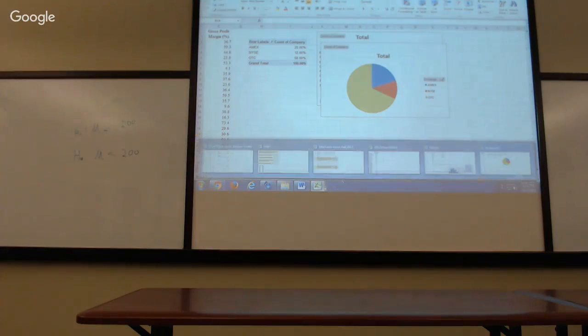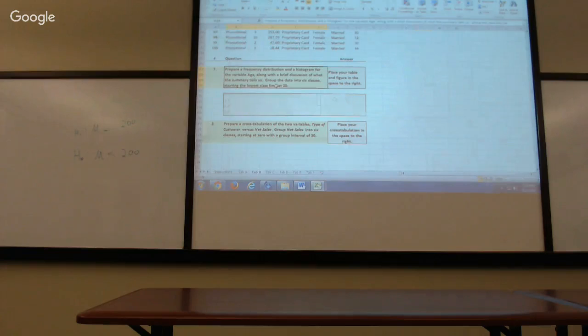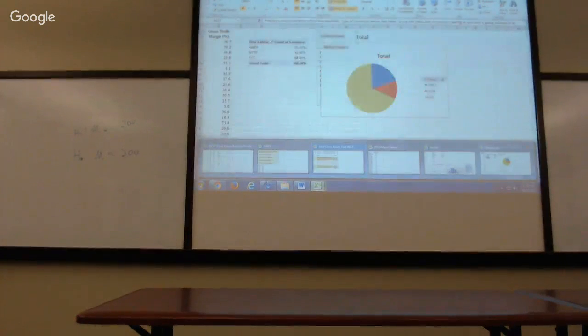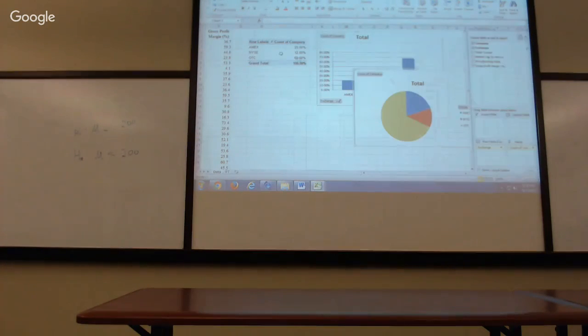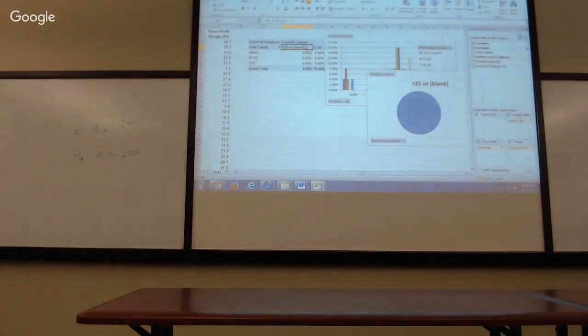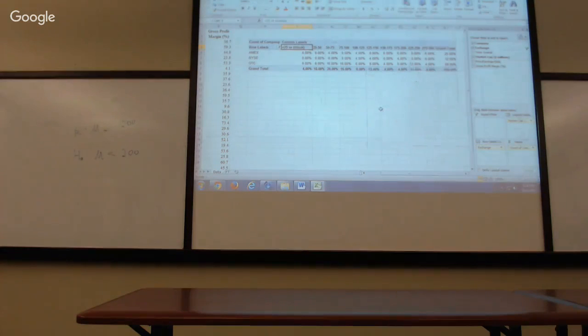Looks like you're asked to do frequency and histogram, and then a cross tabulation with 2 variables, with a grouping. So remember, when we're doing that cross tabulation with the grouping, we got to see what our minimum point is.